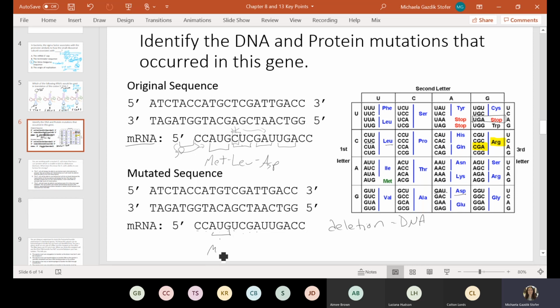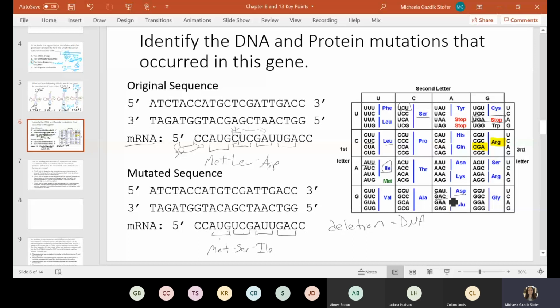So here's our AUG that gives us the methionine. Now we've got a UCG. If we come back here, we find UCG is serine. And we've got AUU. AUU is isoleucine. GAC is asparagine.